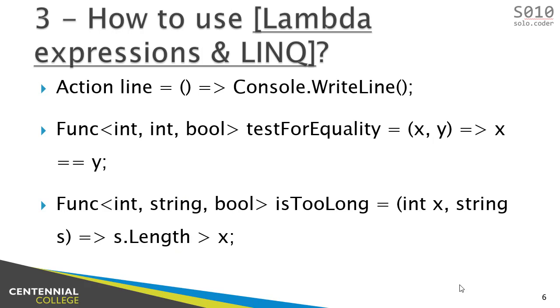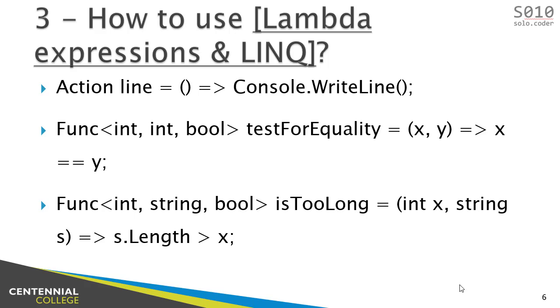So lambda expressions are functions. The first one takes 0 parameters and returns a Console line method, writing an empty line in the console. The second lambda expression is the Func input.